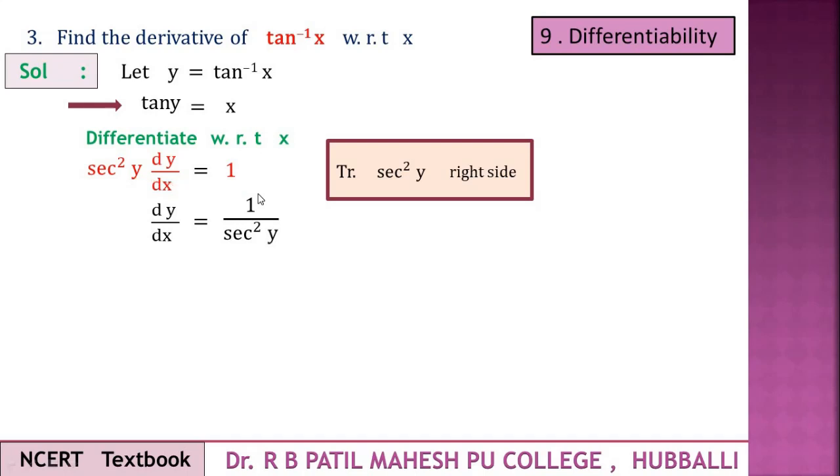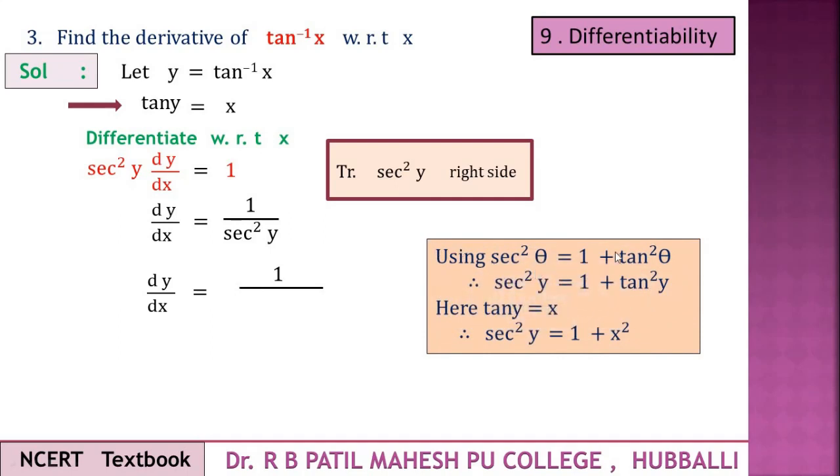Now see students, we have secant square y and tan y is equal to x. How to recall the identity? Between secant square and tan we have a relation: 1 plus tan square theta is equal to secant square theta. From that you get secant square theta is equal to 1 plus tan square theta.